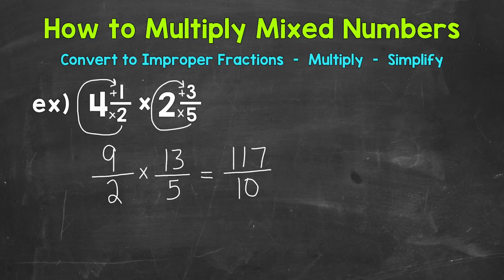I'll do both here. So 117 divided by 10, how many whole groups of 10 can we pull out of 117? Well, 11. That gets us to 110. We don't hit 117 exactly, so we have something left over, a remainder. So the difference between 110 and 117 is 7.